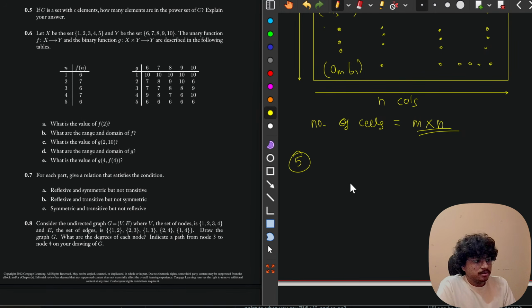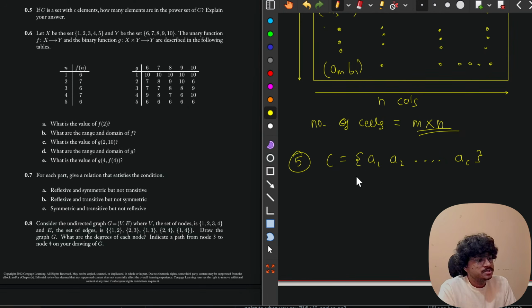I think I remember where I studied this proof. Let's say this set C has these elements: A1, A2, till AC. So overall C elements.